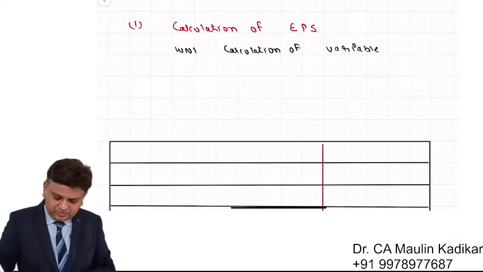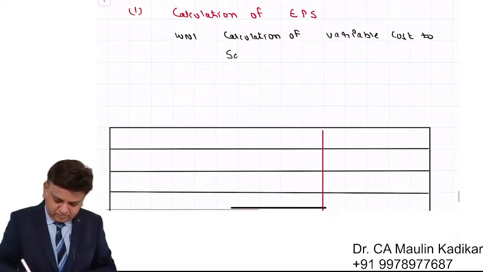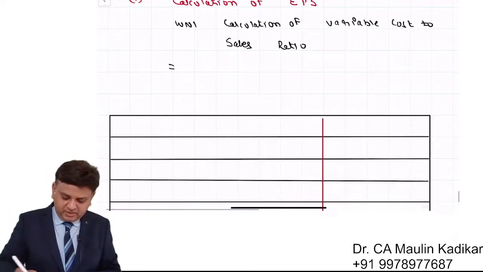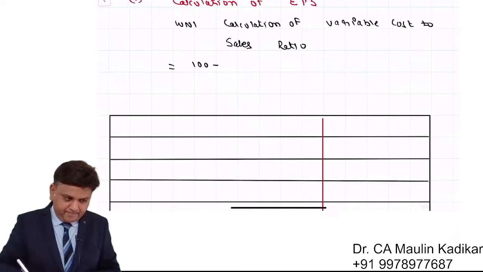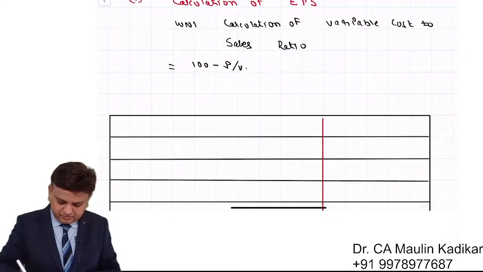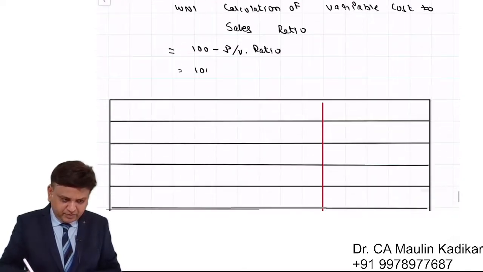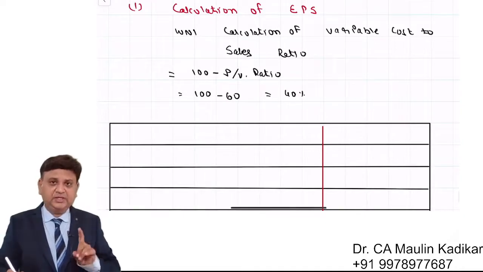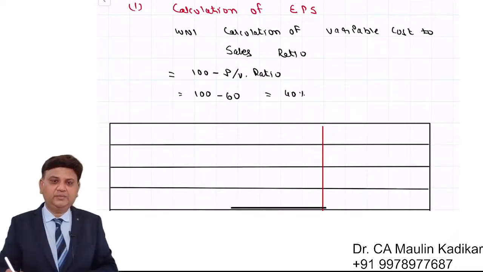A small working note. In that case it is 100 minus profit volume ratio. So it is 100 minus 60, that is 40%. That is the first working about the profit volume ratio.